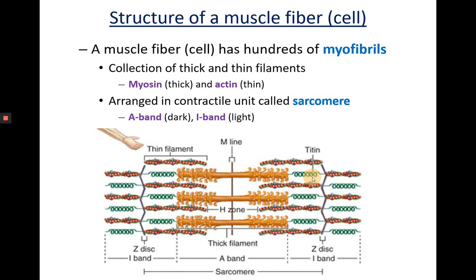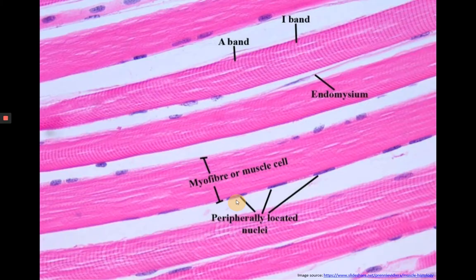Okay. The thin filaments are also what is called light bands, because when you look at this under a microscope, it actually looks like there's a light area, and the thick bands are the myosin bands, or those thick filaments, because they actually look dark under the microscope. So you can see this here. If you remember from the beginning of the semester when you did histology, or I should say this last exam when we looked at histology, you may have remembered that this is what skeletal muscle looks like.